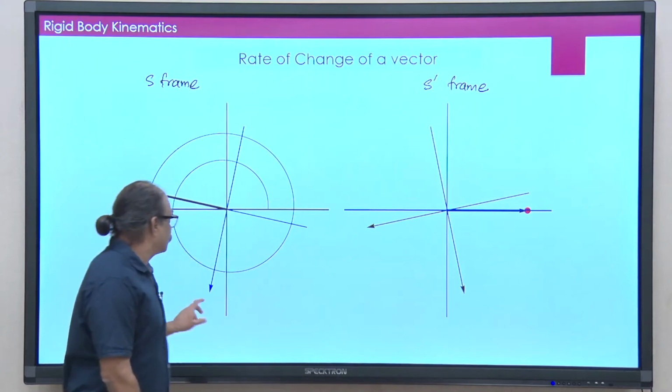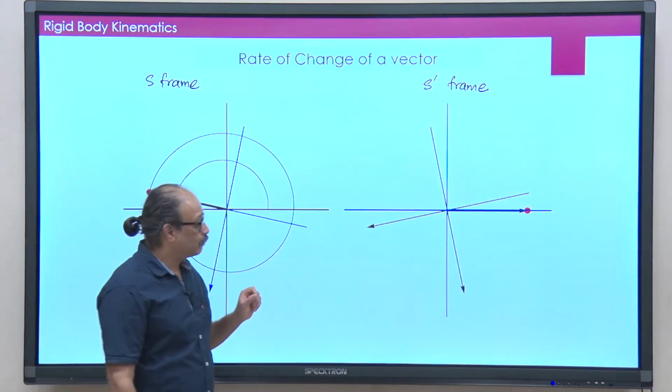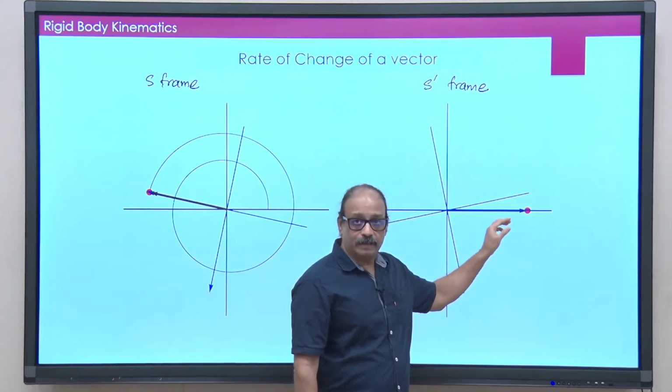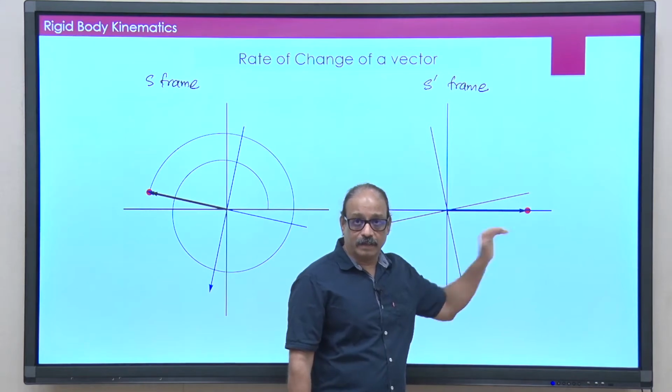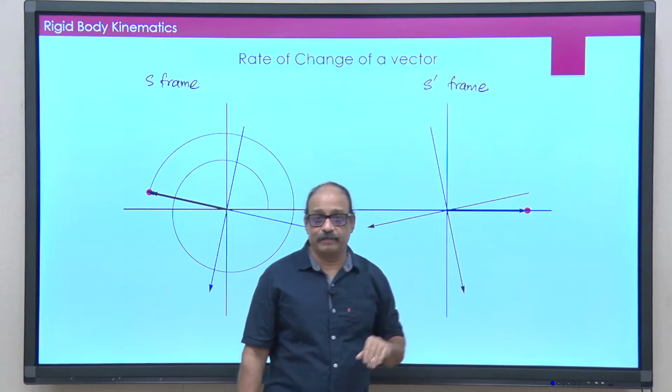So, this is the motion that these two would see, but now look at what happens. Here the particle is simply moving in the x prime direction, so its velocity is along the x prime direction.